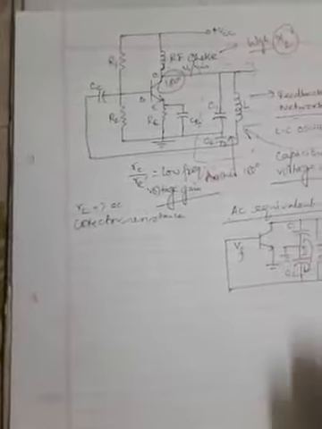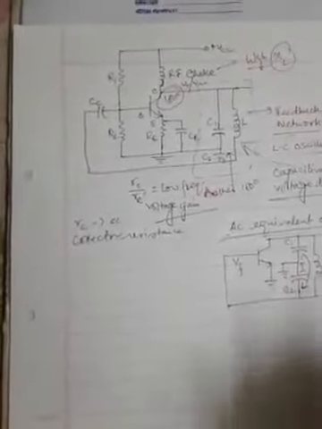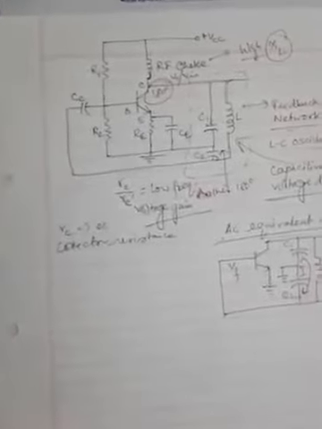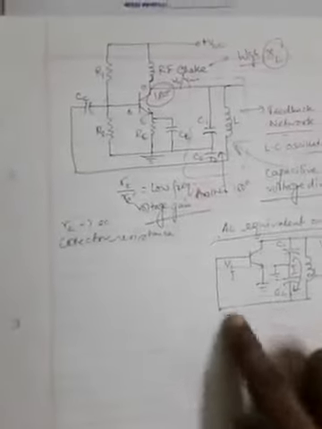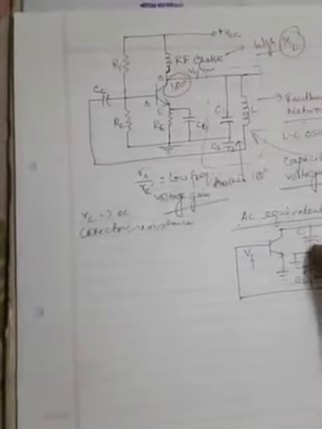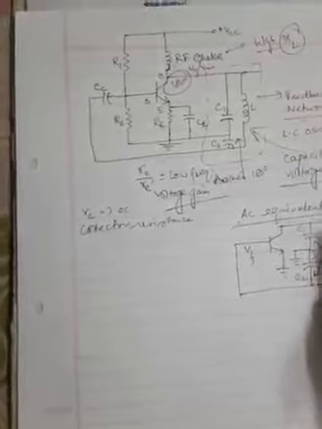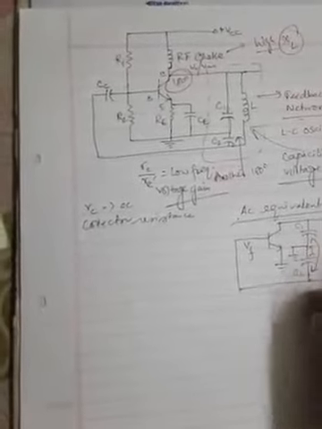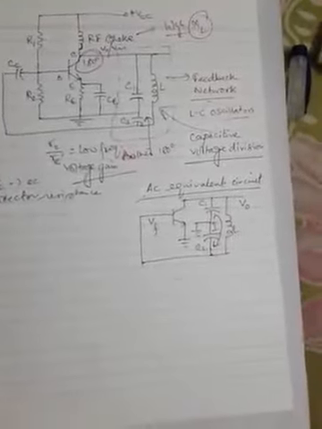Also the feedback voltage VF appears across C2, because VF is taken at the bottom point from this connection, and C2 is grounded on the other side. So if we measure the voltage across C2 between this node and ground, that is the voltage fed back from VO as VF into the base of the transistor. So this feedback voltage drives the base here.